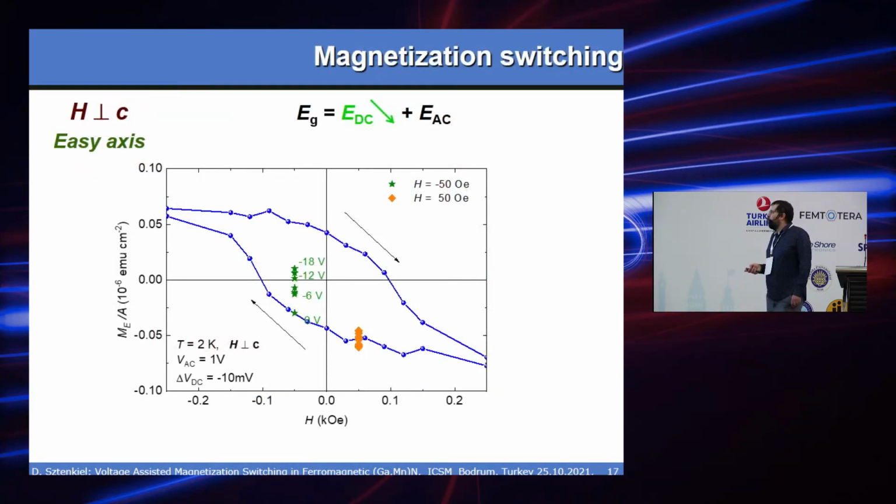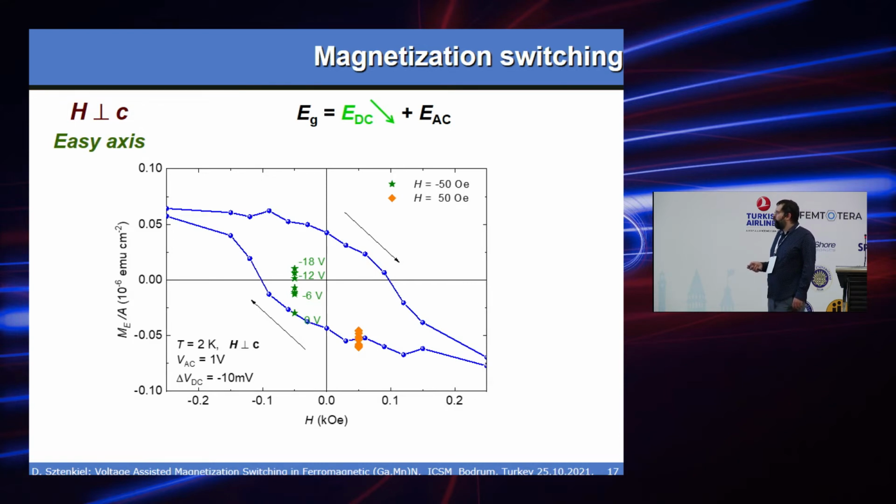And we also observe the switching of the magnetization. This is again the magnetoelectric signal. Blue points are the magnetoelectric signal for 0 DC voltage. So we can sweep the magnetization from right to left. We can stop, for example, here, or we can stop here. This is done for 0 DC, and then step by step we can change the DC electric field, and we observe the switching of the magnetization induced by DC changes.